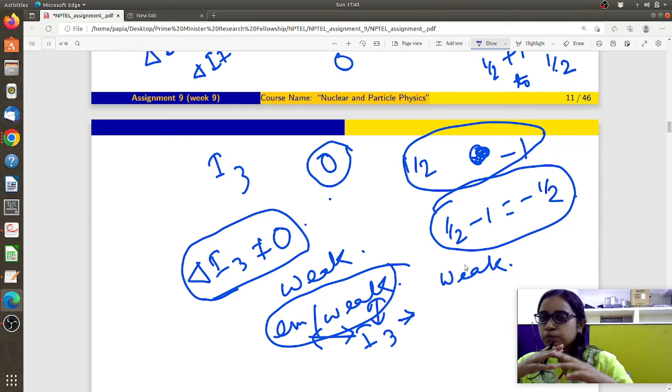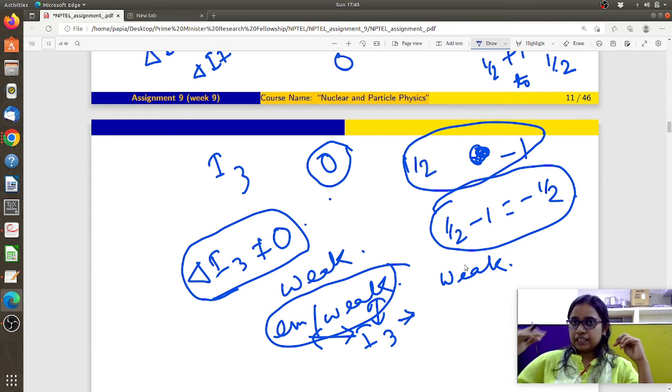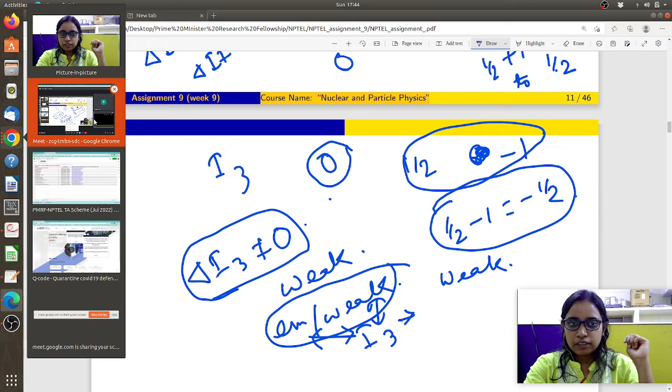Can you understand this point that I was talking about? We have to see each and every step, so that we can say that okay, this is a weak, or this is an electromagnetic, or this is a strong interaction. You got my point?